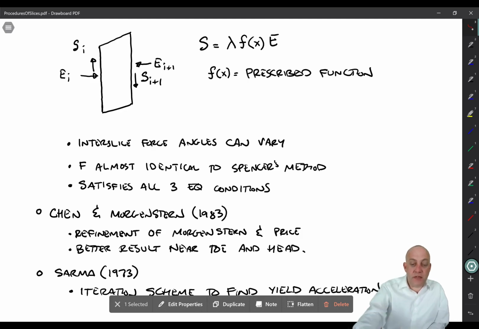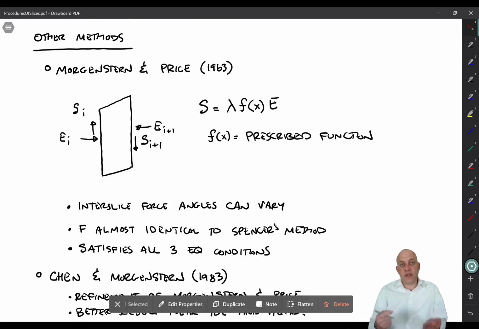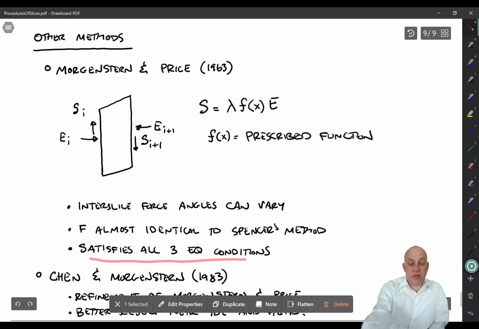The reason it might be beneficial is that because you're giving a little bit more flexibility to how those interslice forces are allowed to change angle, Morgenstern and Price method might converge for problems where Spencer's method doesn't provide a solution. So anytime you can get a converged solution from a method that satisfies all three equilibrium conditions, you're good.